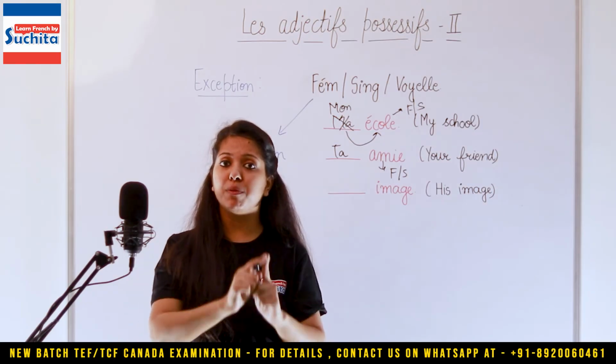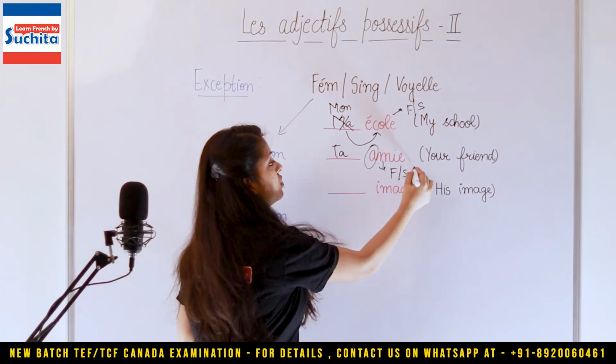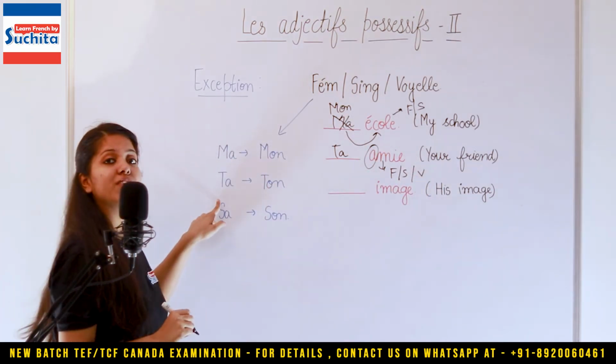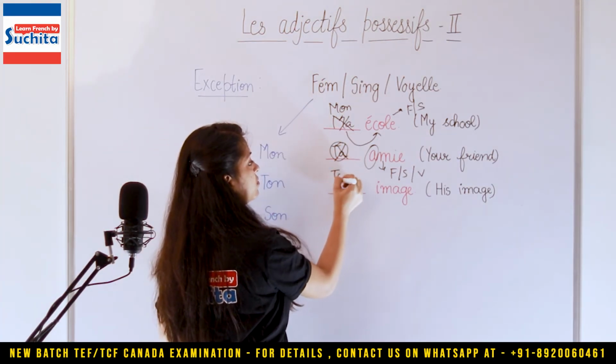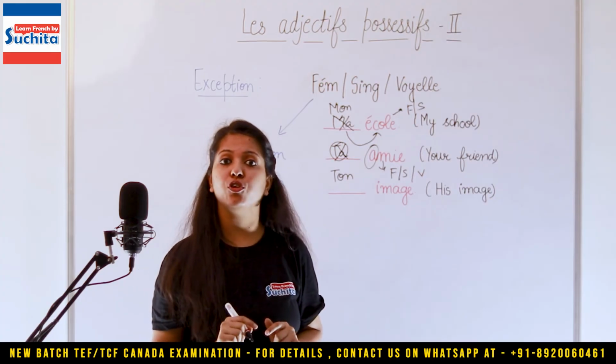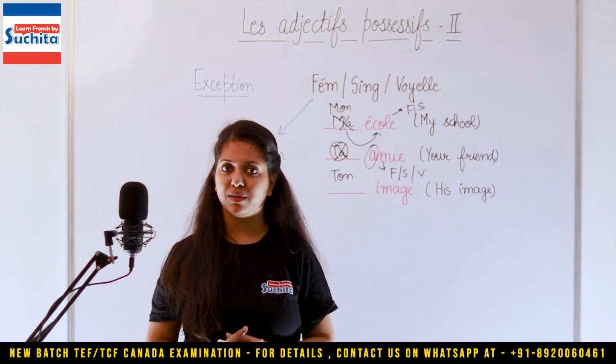But the rule is feminine singular and this begins with a vowel, so ta will change into ton. So you will never say ta ami for your friend. It would always be ton ami.